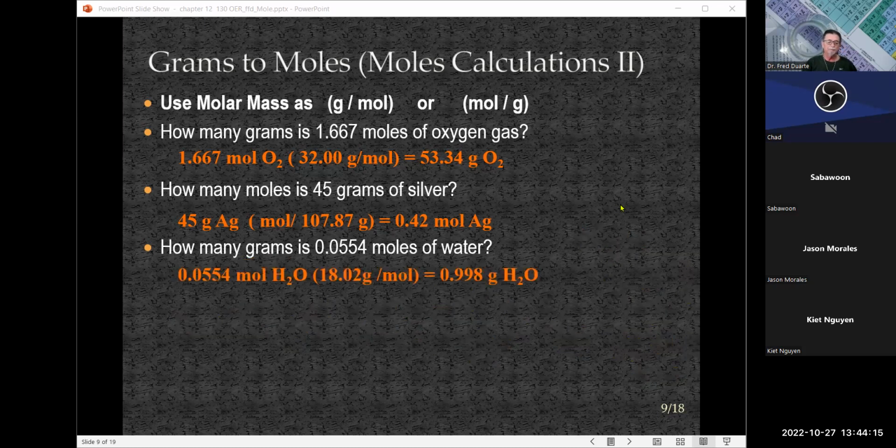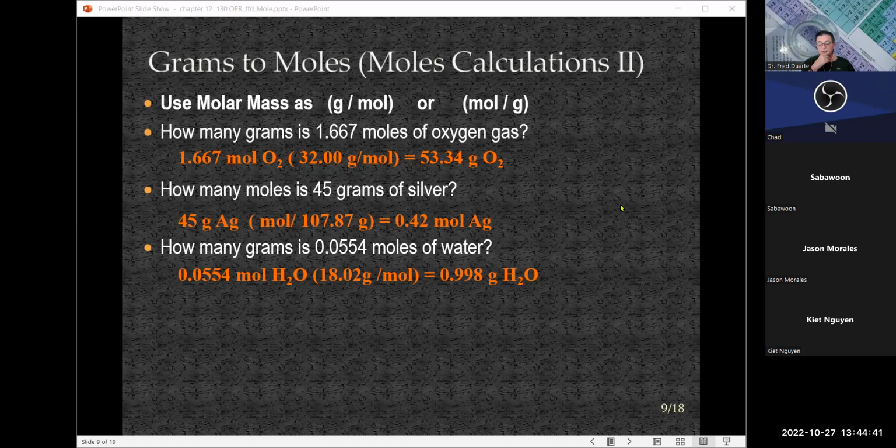So 0.0554 moles of water weighs 0.998 grams of water. Very small quantity, almost 1 gram of water has in it 0.0554 moles of water.